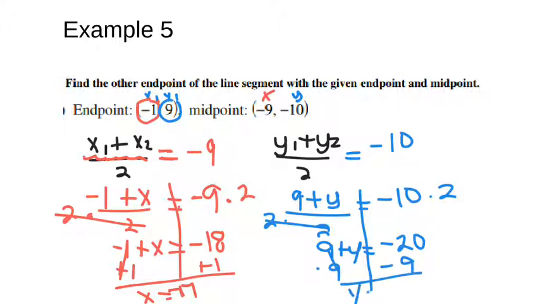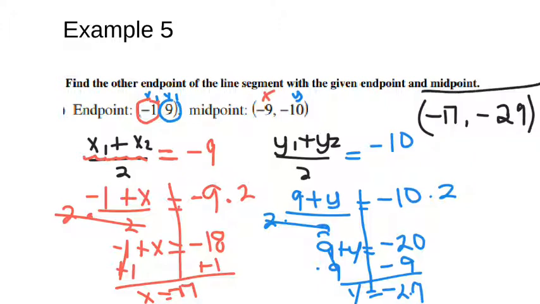So y would be -29. So your answer, your endpoint, we already had the midpoint, but the endpoint would be -17, -29. And these are a little bit harder because you're plugging in and working backwards.